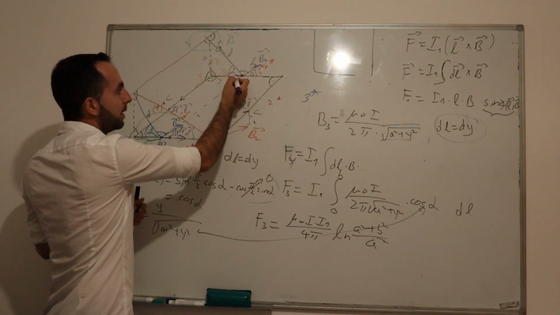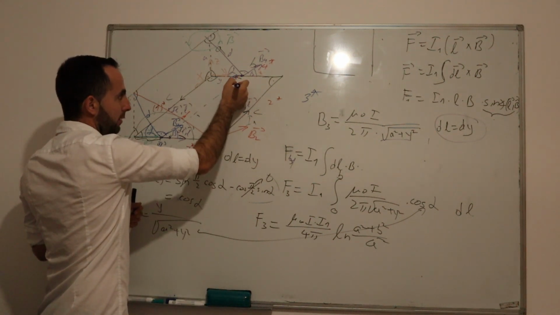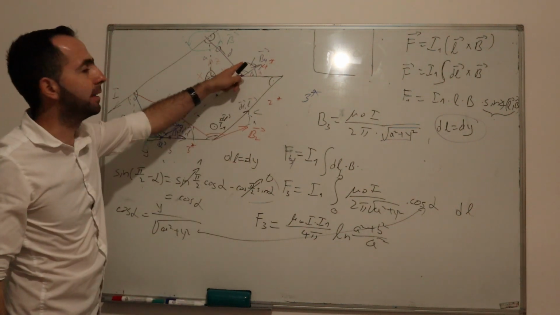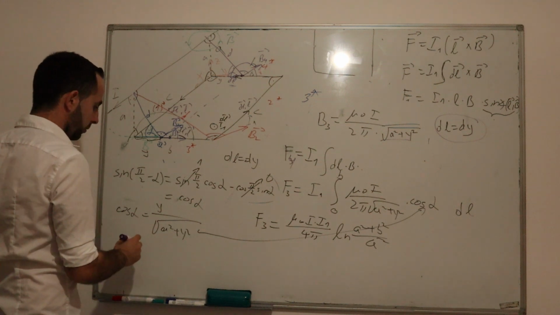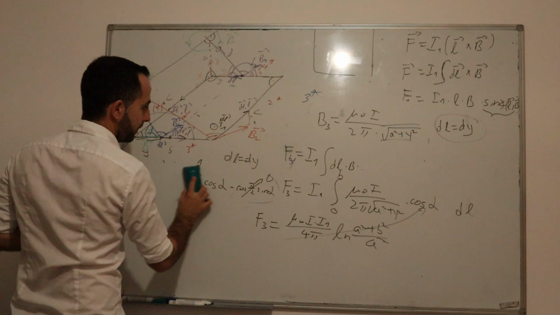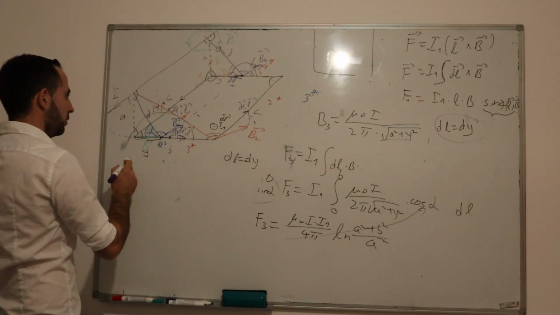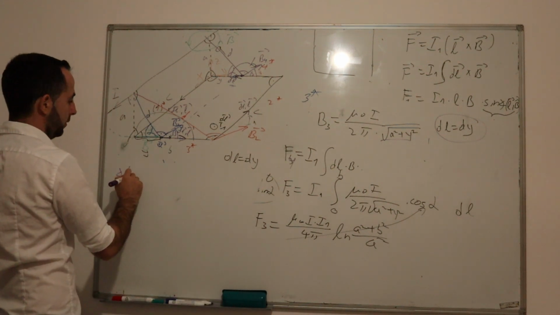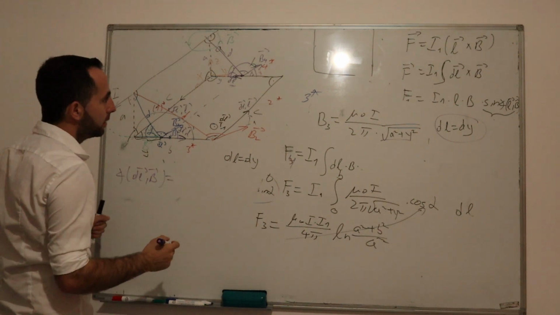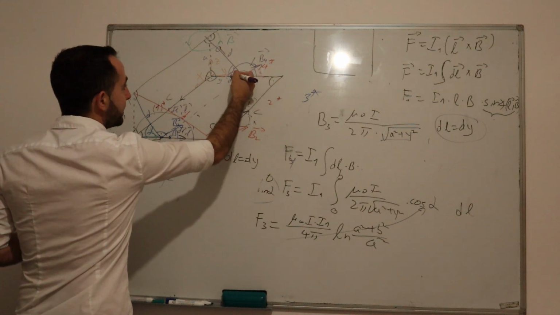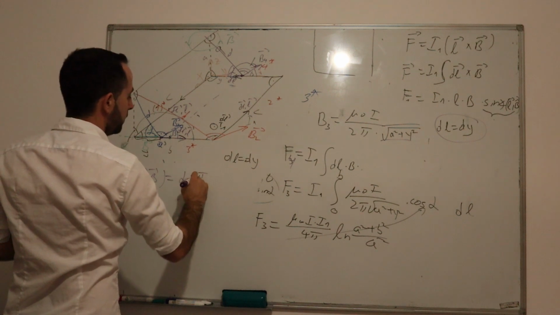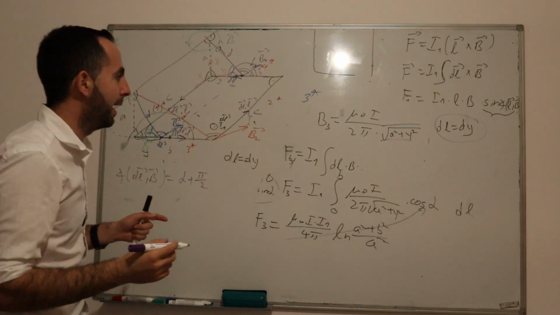Now dl is directed in the direction of the current, and the angle between dl and B is this. So I will write it down here. The angle between dl and B is this, which is alpha plus 90 degrees. So what will we have here?